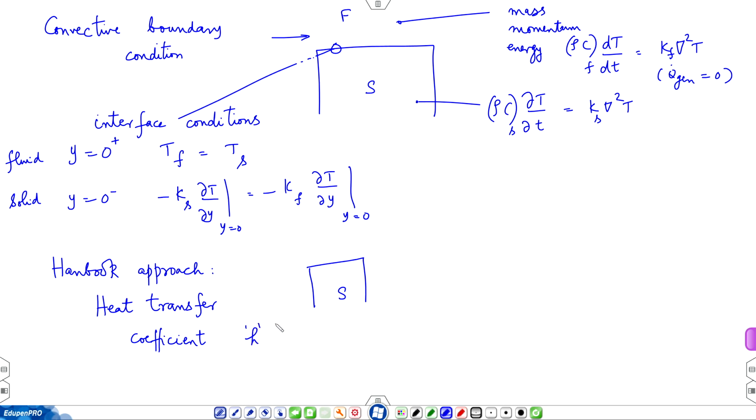And it is given a symbol H. So, the use of a heat transfer coefficient will simplify calculations. First of all, it decouples the solid and the fluid phases. H will contain information about the influence of fluid motion on heat transfer. How exactly does it work? So, that we will see on Monday.